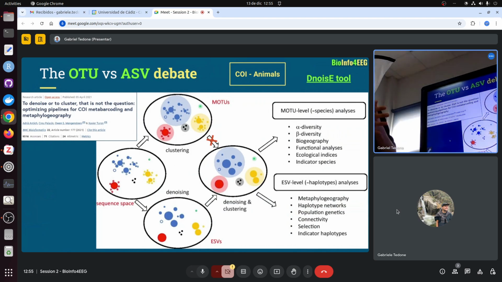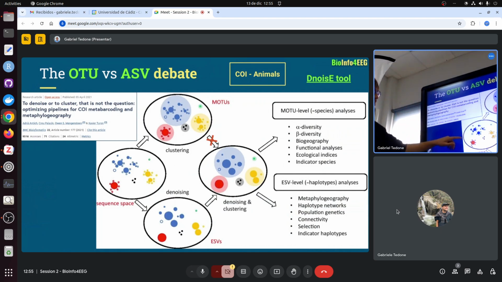In any gene, the position in the codon will tell you if it's more or less variable. So they adapted the denoising to that. They took the UNOISE algorithm and adapted it for their barcode. So they really know their barcode. They understand the molecular entropy of their barcode.